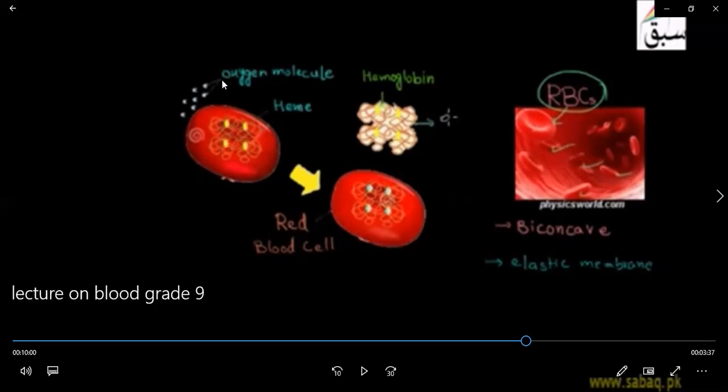When we inhale, oxygen diffuses into the alveoli of the lungs. The red blood cells in the capillaries around those alveoli take up the oxygen, and the red blood cell makes a bond with this oxygen molecule and forms a complex called oxyhemoglobin.